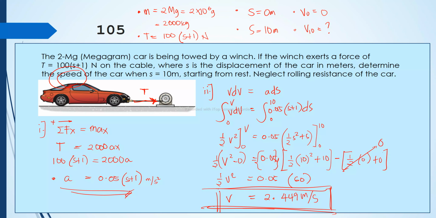It is a function of displacement. It increases as the car is displaced, as it travels. Therefore we cannot apply the constant kinematic equations, and we apply integration to solve what is being asked.